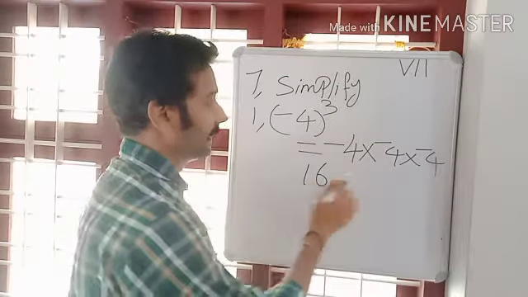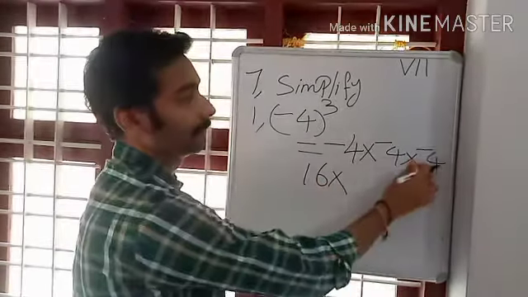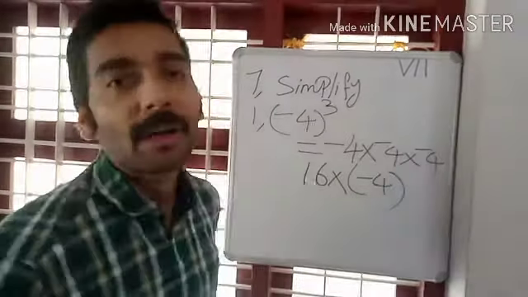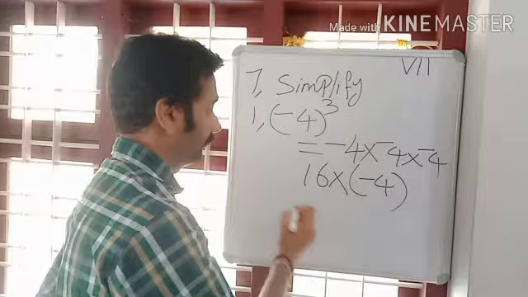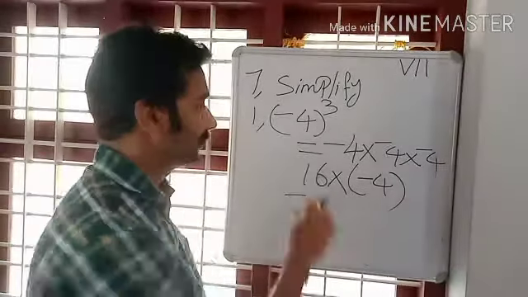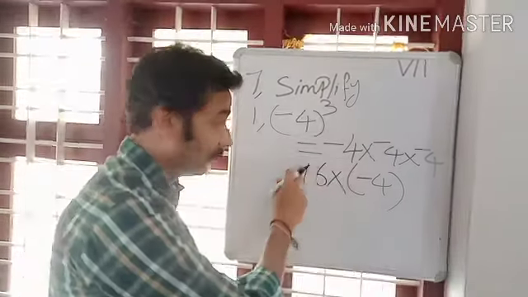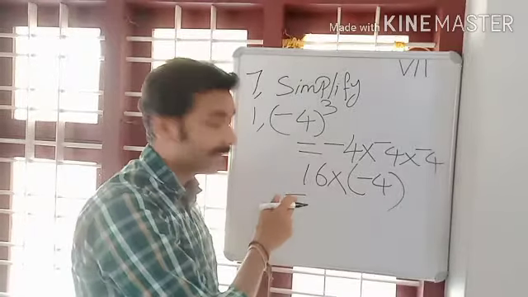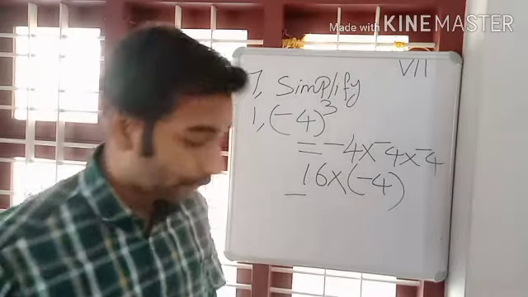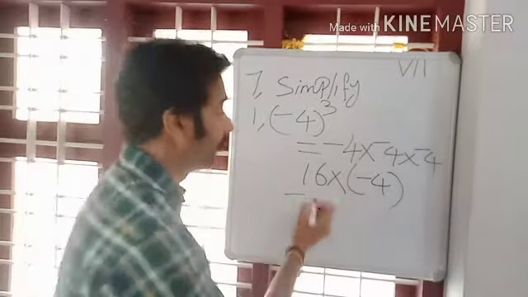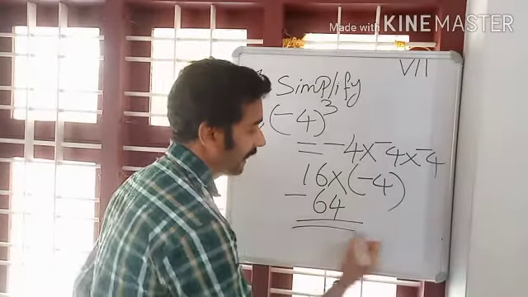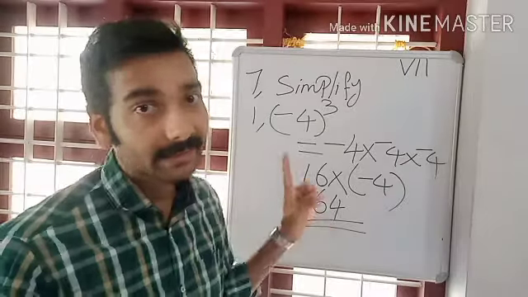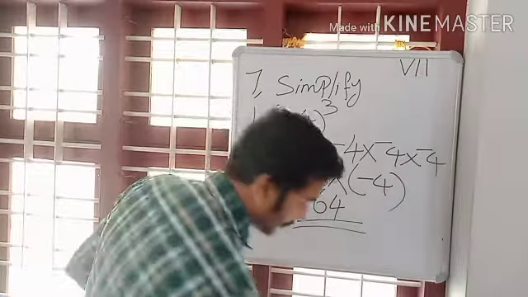That means 16. 16 into minus 4: positive into negative is negative. 16 into 4 is 64. Answer is negative 64. Don't forget the sign. Okay, clear?